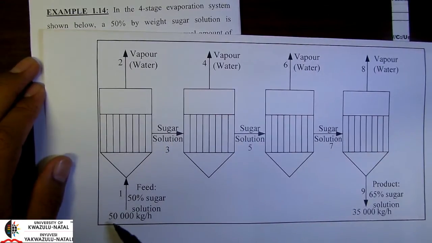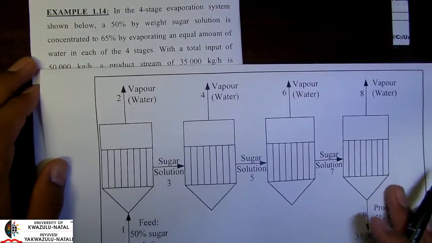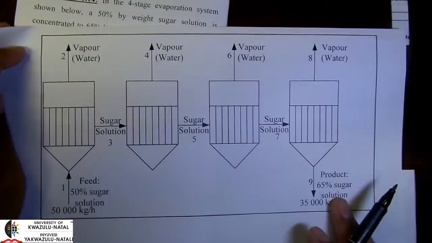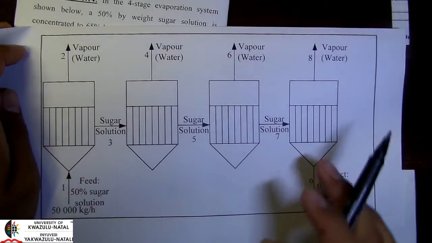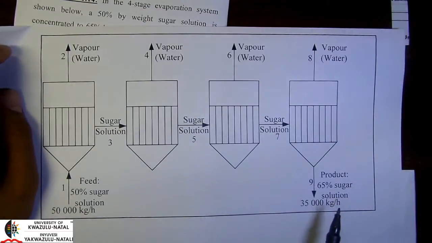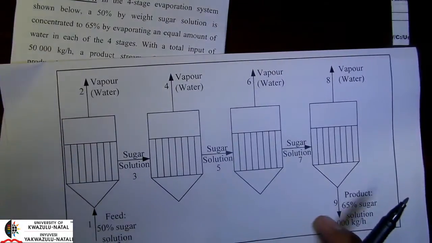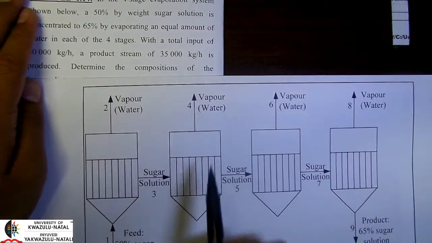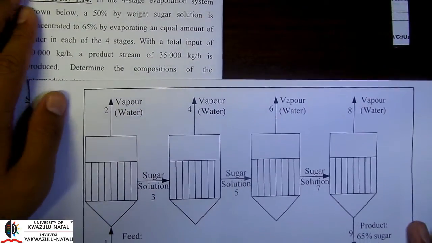So we are given the mass flow rate of the sugar solution, and it is going into a 4-stage evaporation, okay, in order to make the sugar solution more concentrated. So with each evaporator, we have a removal of water and a concentration of our sugar.